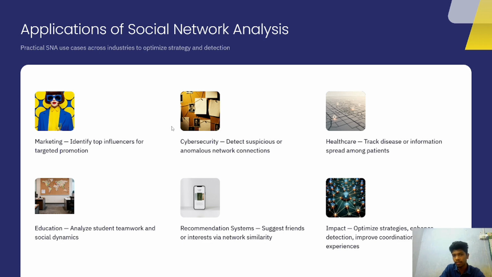After that, we look at healthcare, tracking disease and information spread among patients. By mapping patients' contacts and movements, public health officials can model and predict how quickly a disease can spread and identify the initial hubs or bridges, which is crucial for interventions.